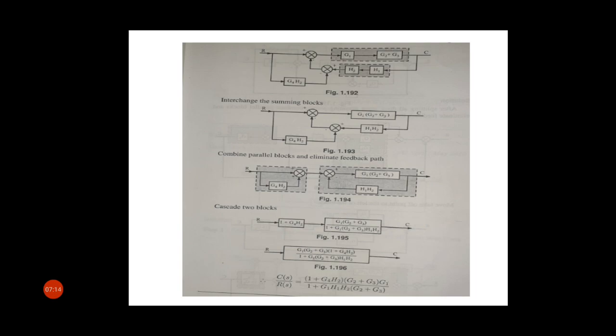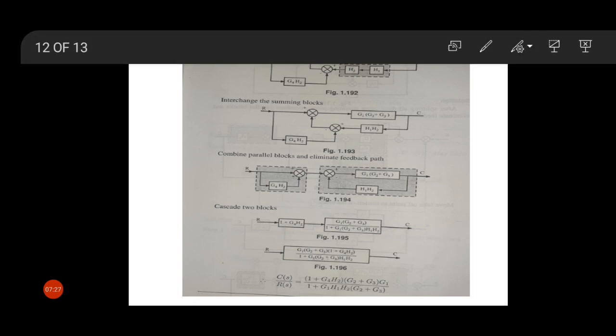After combining these cascading blocks, we interchange the summing points. Here only two summing points are there. After interchanging the summing points, we get this type of structure.